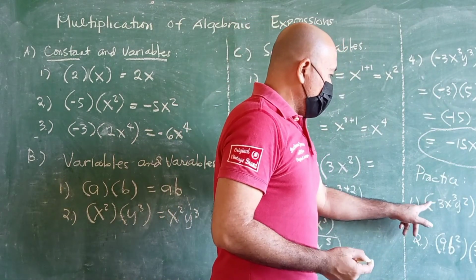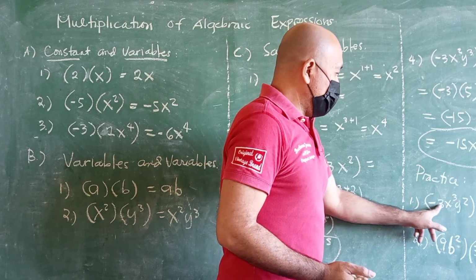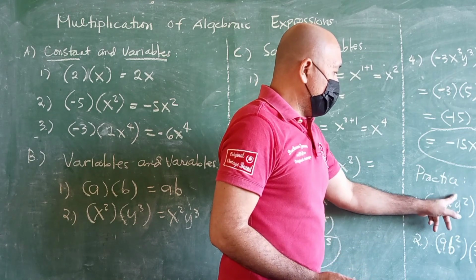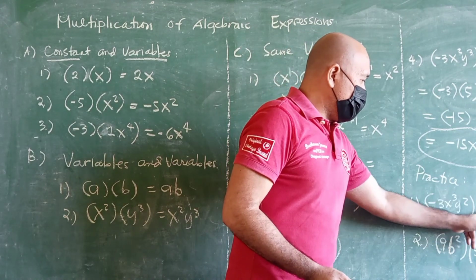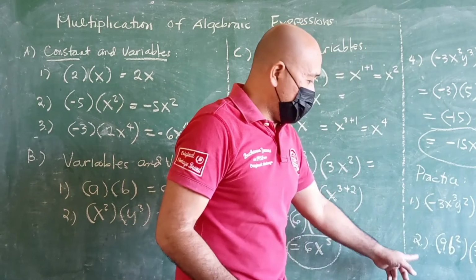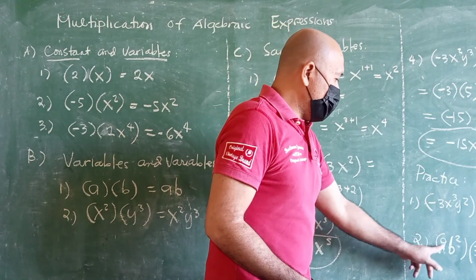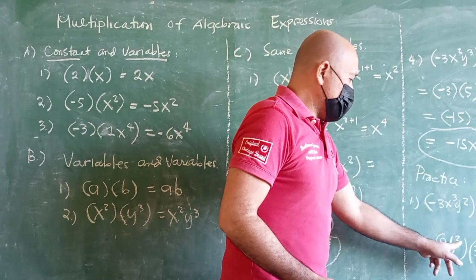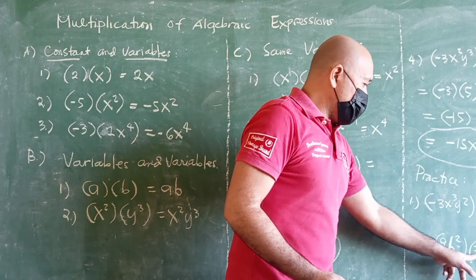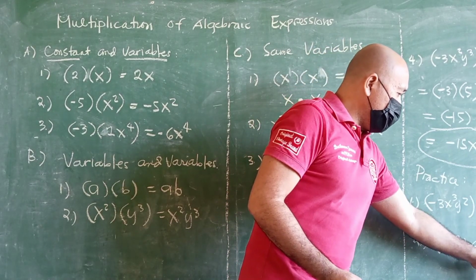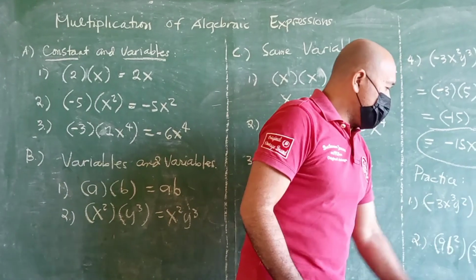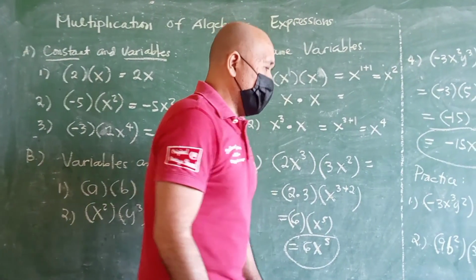So, the quantity of negative 3x raised to the power of 3, y raised to the power of 2, times the quantity of 4xy. The second given is the quantity of 9b raised to the power of 2, times 3c raised to the power of 4, times the quantity of negative 2d raised to the power of 4.